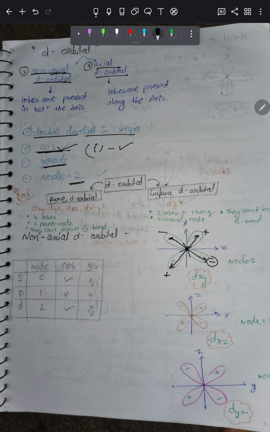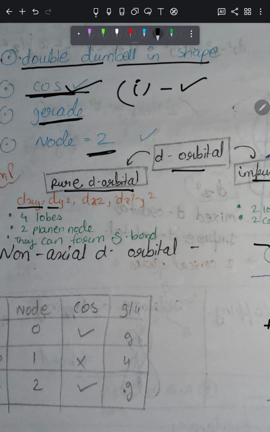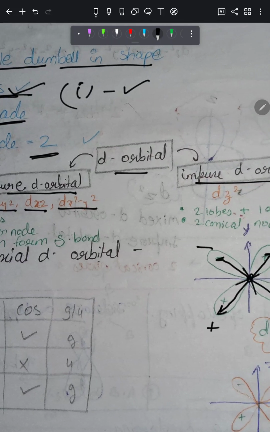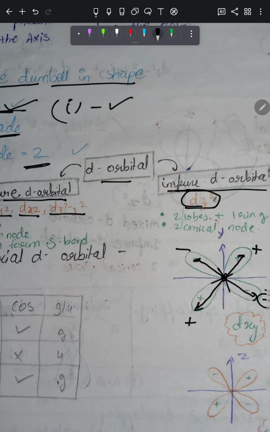So let's give the names of these d orbitals. There are pure d orbitals and impure d orbitals. In pure d orbitals, the names are dxy, dyz, dzx, and dx square minus y square. And when dz square comes, it is called an impure d orbital.